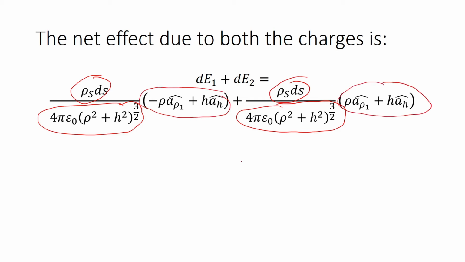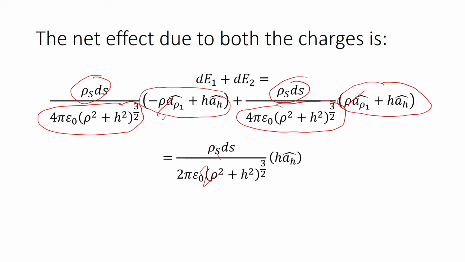In that, these two are along the opposite direction, so they cancel out. So this will be 2 a_h, and this 2h and 4 would cancel to give you rho_s ds by 2 pi epsilon, rho square plus h square to the power of 3 by 2, times h a_h.